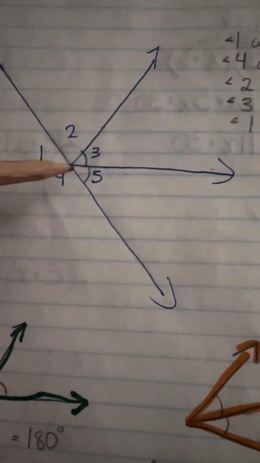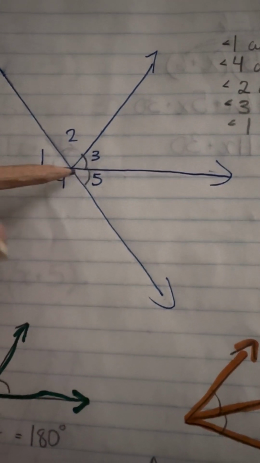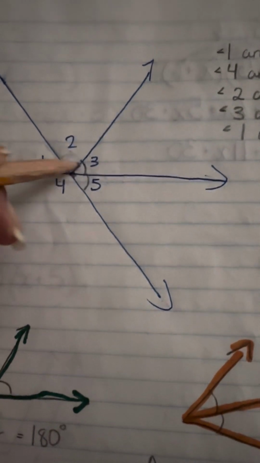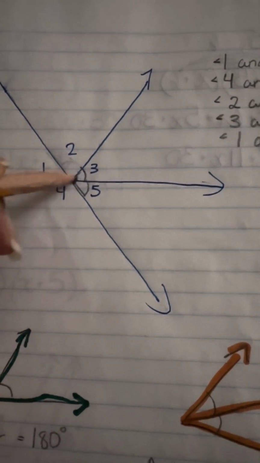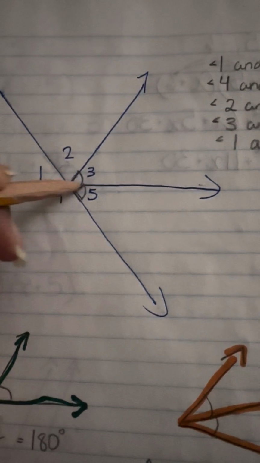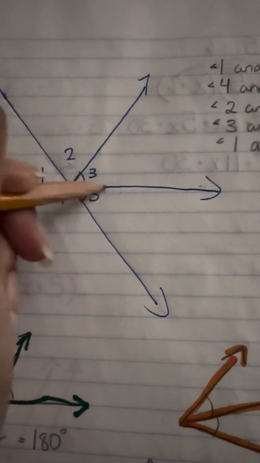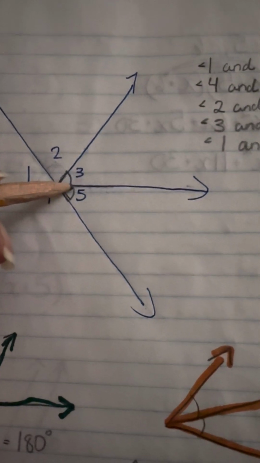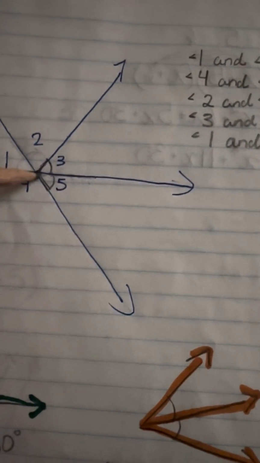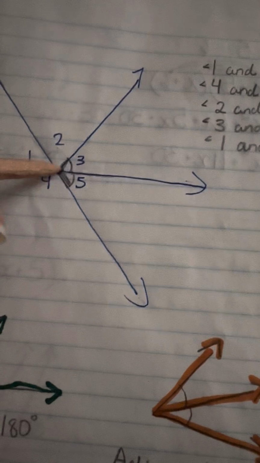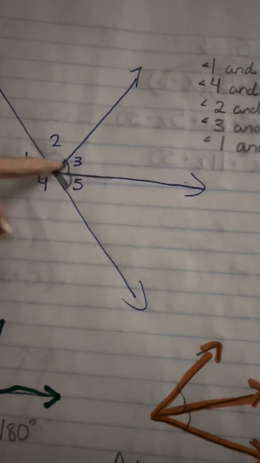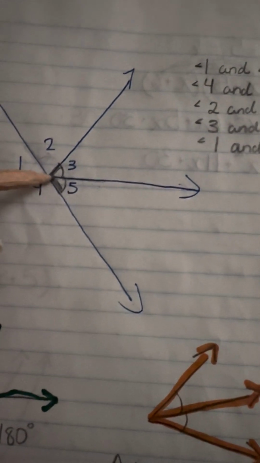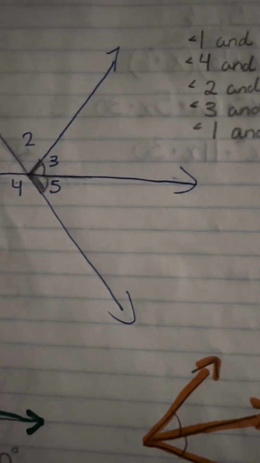Now with angles 3 and 5, they share a common vertex, so a common point that both of these angles are connected to, and a common side that splits the two angles in half. So this is also adjacent, but because again, it's a bent shape, it's not a full straight line. It's adjacent, but it's not linear.